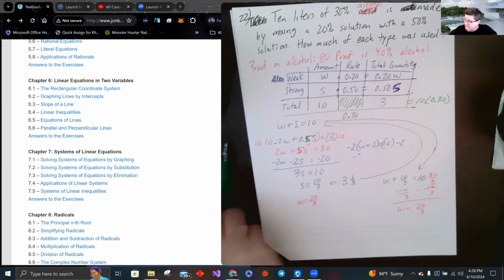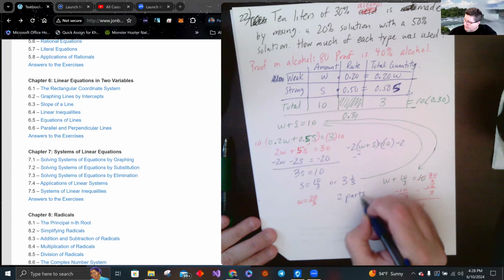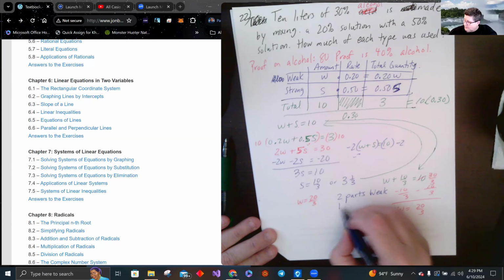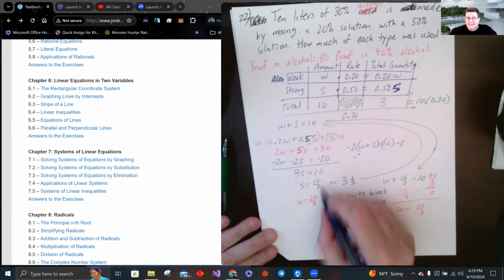Which means effectively 2 parts weak for 1 part strong, because 20 over 3 is double 10 over 3.